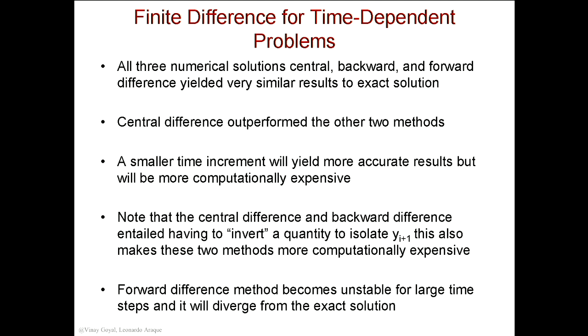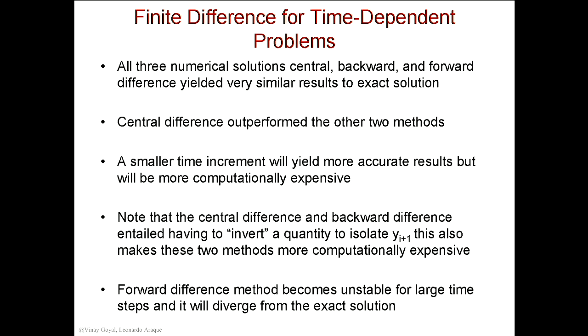That's wonderful. The central difference outperformed the other two methods. A smaller time step, and you can try it at home, I can email you the spreadsheet, will yield even more accurate results than what I've shown here. But smaller time steps mean more computational time. That's not something desirable in all cases.